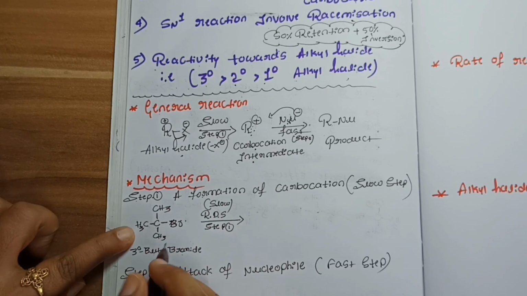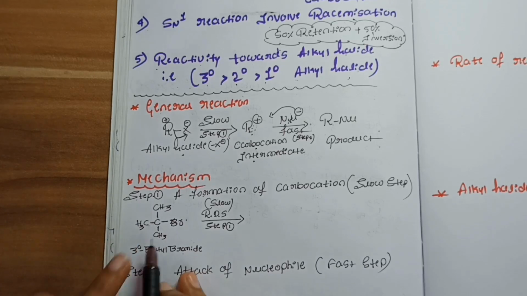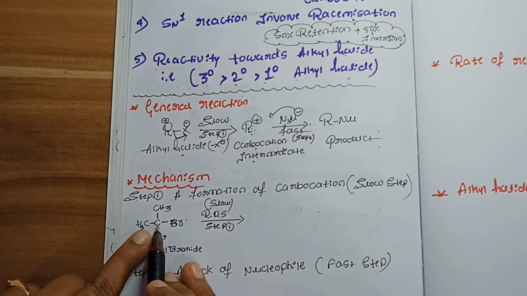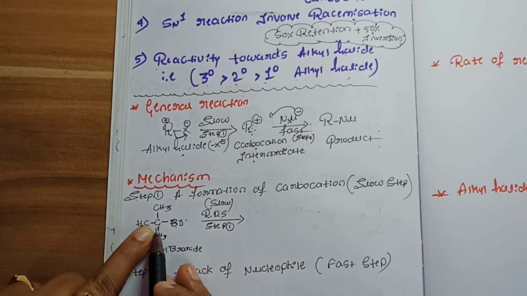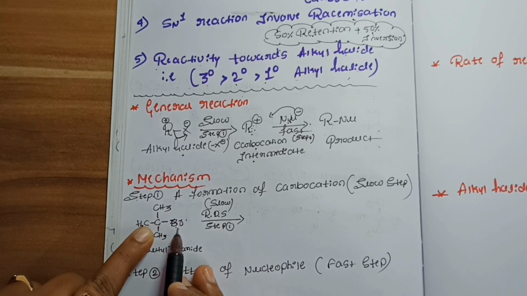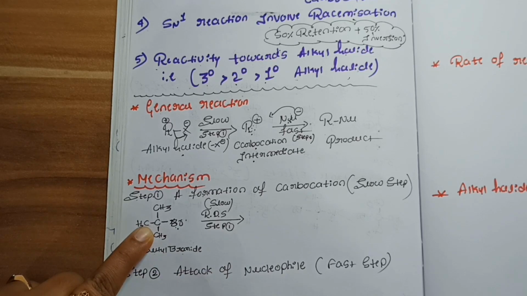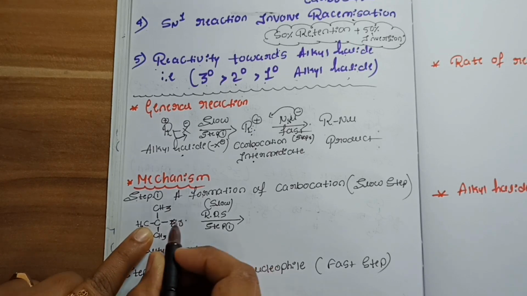Now see, carbon is making a bond with bromine. Between carbon and bromine, bromine is more electronegative, so all electronegative atoms want to pull electrons towards themselves.